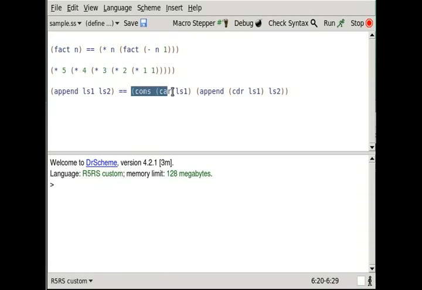So we do a cons of the car of ls1 onto the append of the cdr of ls1 and ls2. Obviously it doesn't know this yet because it has to calculate that. So what you end up getting is a bunch of cons statements, sort of like the multiplication statements here, and that builds up in memory as well.